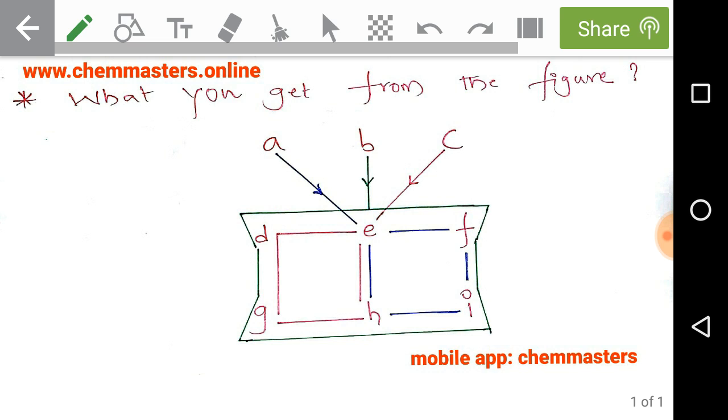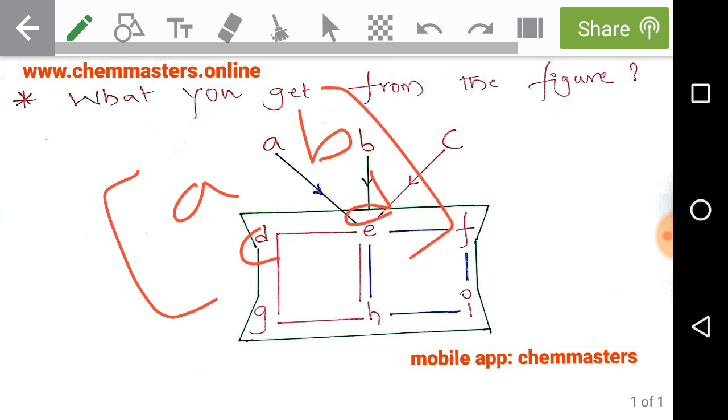algebra. For example, if we consider a, b, c and d, it is a 2 into 2 matrix or square matrix, for which we can determine a determinant.